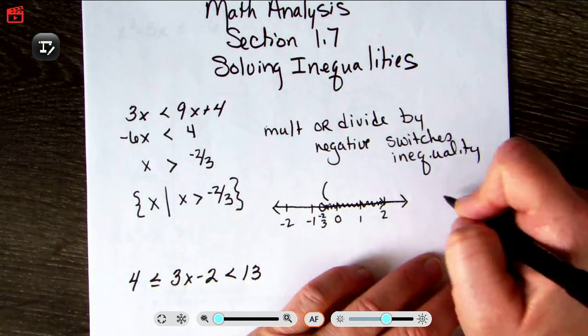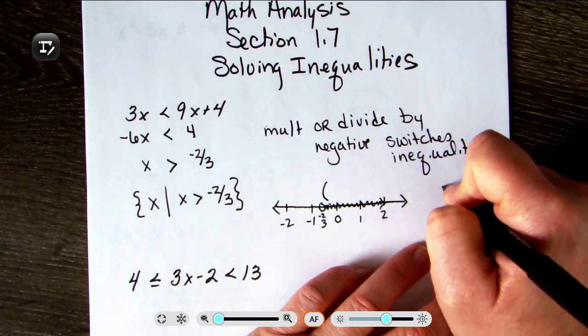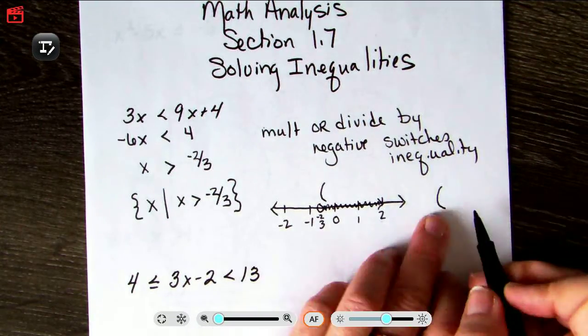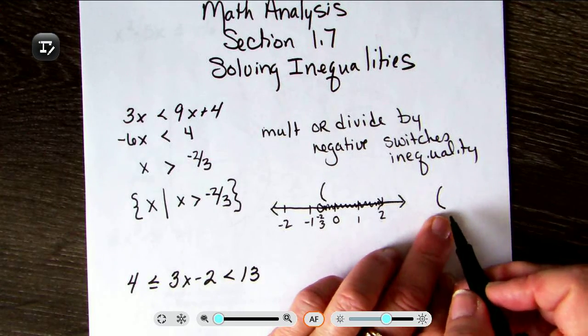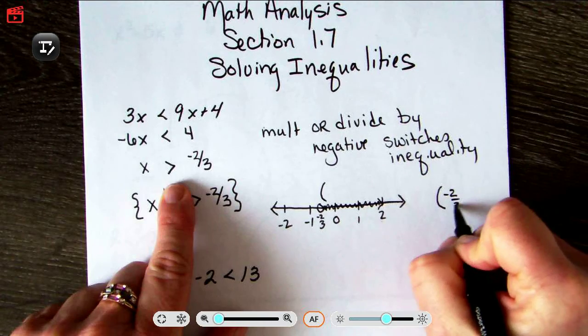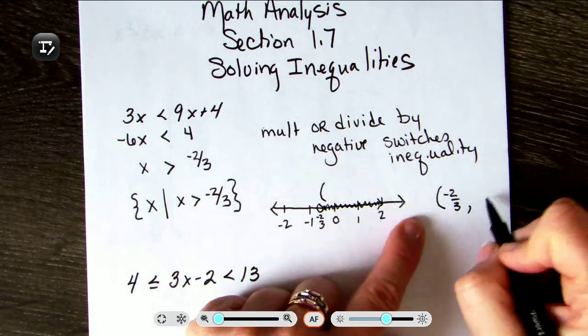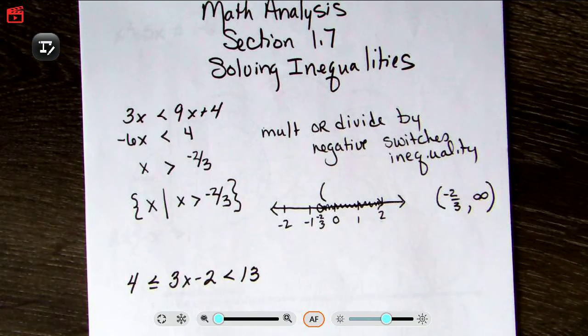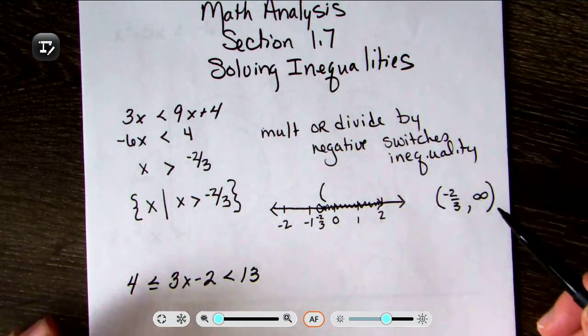We also like to use interval notation, which kind of looks like a point. So we are going to use a round bracket because it's a strict inequality. So negative 2/3 all the way up to infinity. And we always use a round bracket with infinity because we never get there.